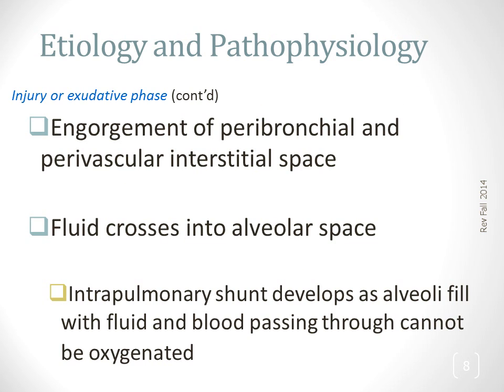As the condition increases and the fluid is moving out of the vascular space into the alveolar space, we develop what we call an intrapulmonary shunt. What that means is that the blood passing through cannot be oxygenated.